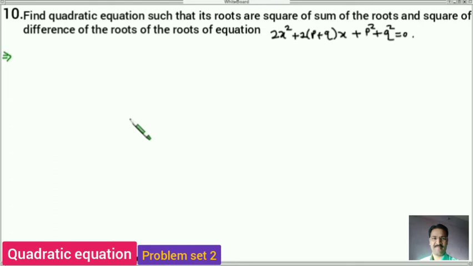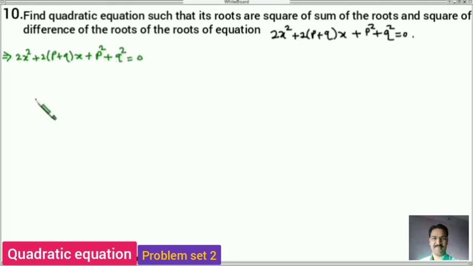First of all, I'll write the given equation as it is. That is nothing but 2x square plus 2 into p plus q x plus p square plus q square is equal to 0. Okay, friends.